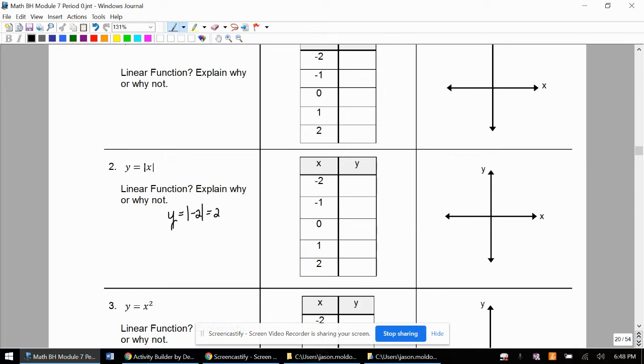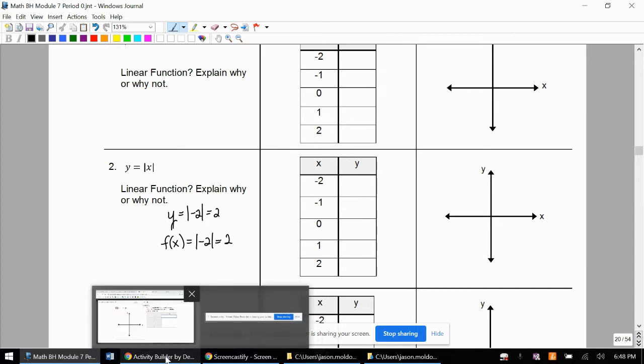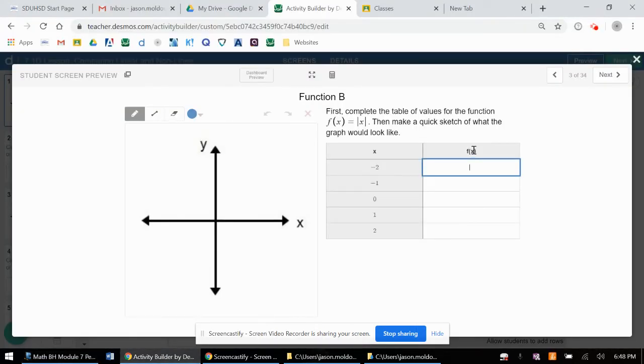So I'm putting the input in the bars. If you'd rather use function notation for this, that's also okay. And we get +2. And you'll see that y and f of x are used interchangeably at this point.